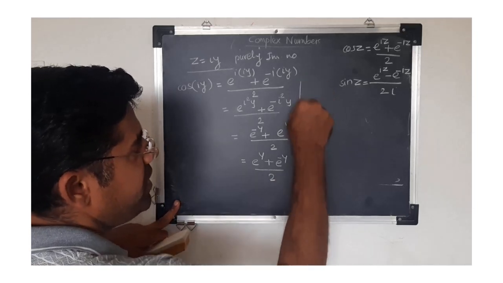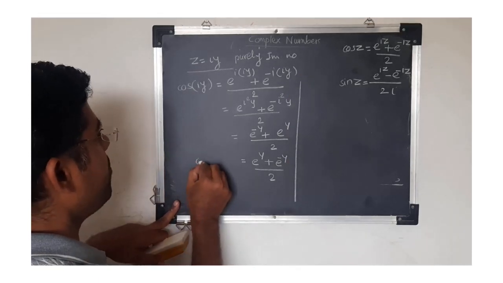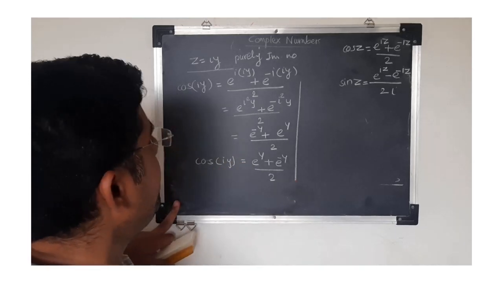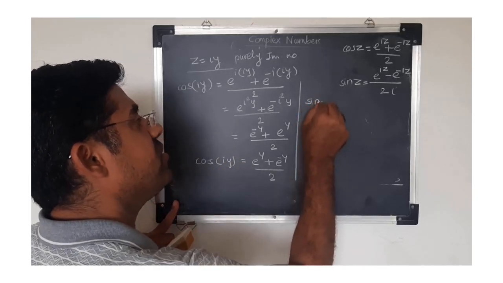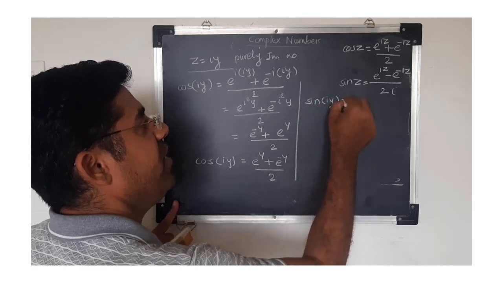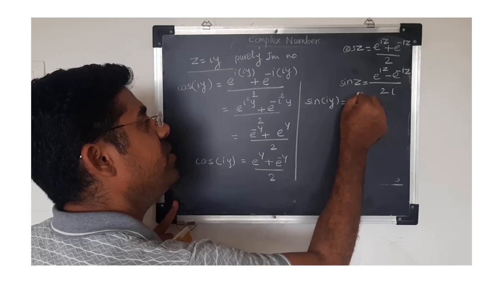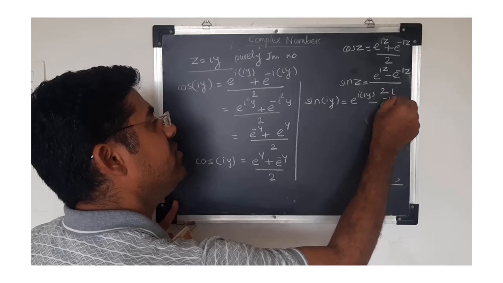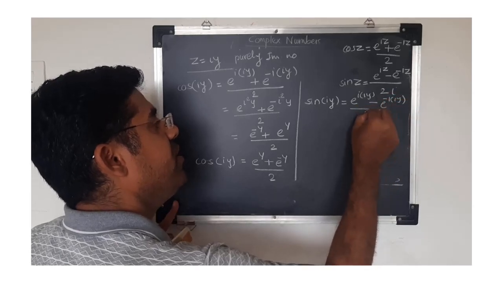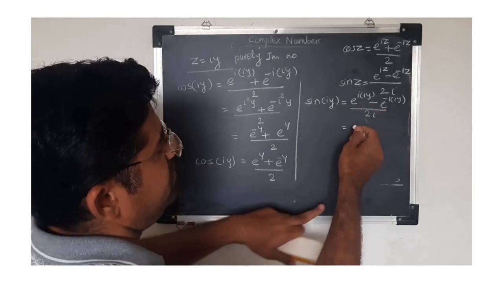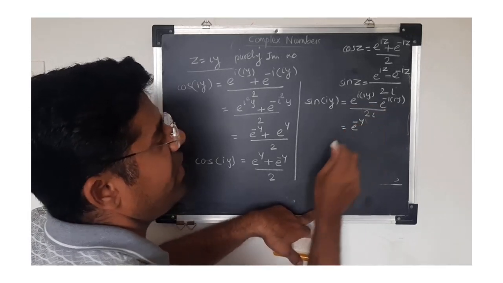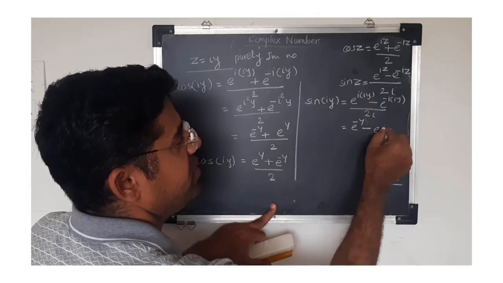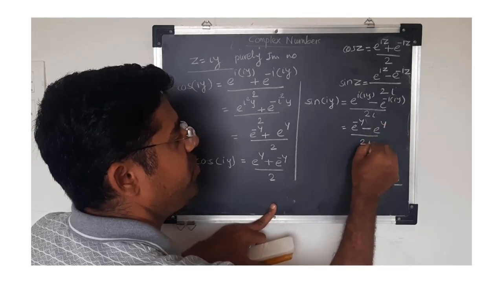What happens in the case of sine? Sine of iy: z is replaced with iy, which is e raised to i times iy minus e raised to minus i times iy, divided by 2i. So e raised to minus y minus e raised to y, since i squared is minus 1, divided by 2i.